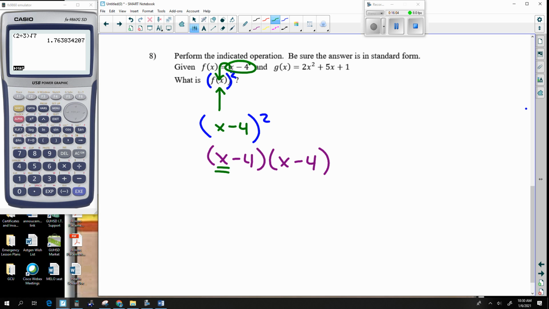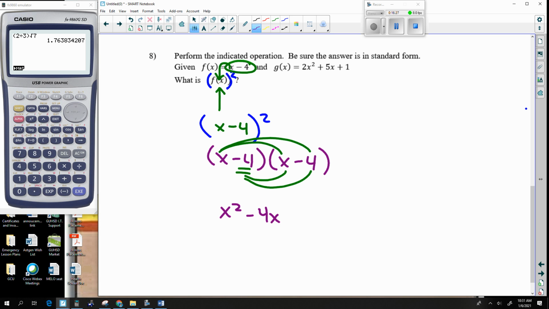So we start with the first thing, and we multiply everything of the next parentheses. So that'd be x times x and x times negative 4. Move on to the next item and repeat the process. So that'd be these multiplications right there.